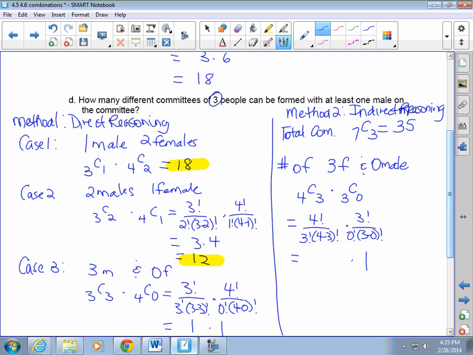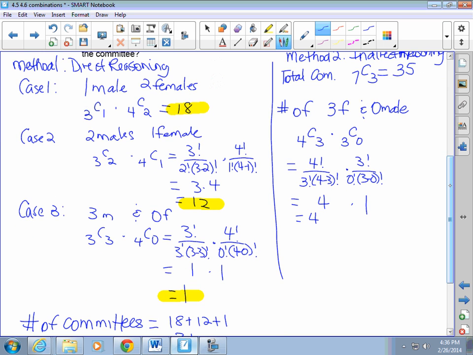So 4 factorial over 3 factorial is just 4. So that means there are 4 different combinations of having a committee with all 3 females. So the number of committees with at least 1 male is going to be what's left.